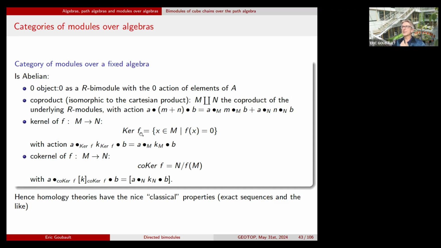The kernel of some bimodule map is just the submodule of x such that f of x is equal to 0. It has the structure of a submodule of algebras. And co-kernels are just going to be quotients of the codomain over the image of the domain. Okay, as usual, as for ordinary modules of rings.